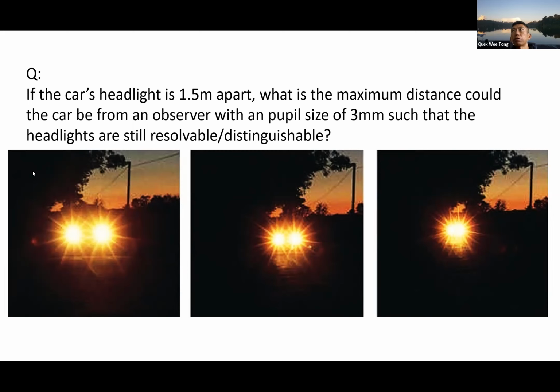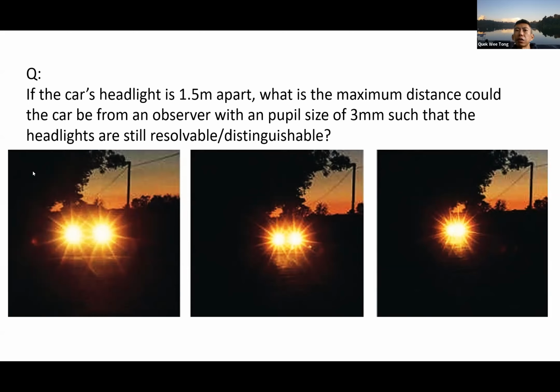Or let's say your teacher draws two dots on the whiteboard quite close together. You could tell when you are seated nearby, but when you're far away, you couldn't tell that there are two dots already. Most will just see that they look like one smudge.